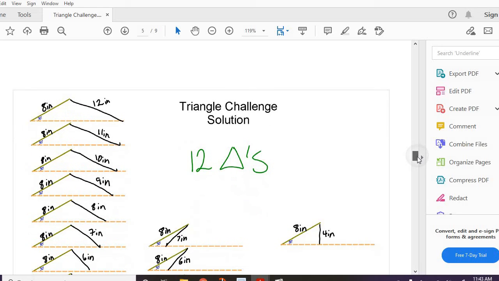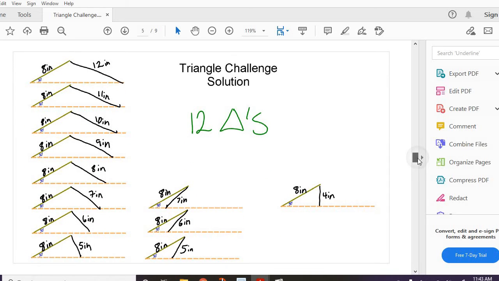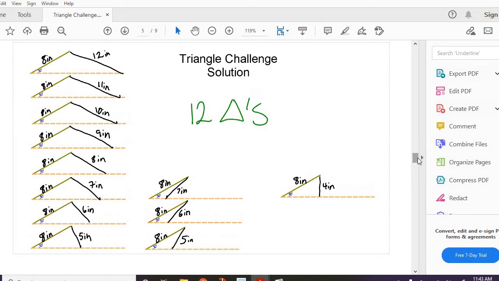So, when we look at the triangles that you could create, we actually end up with 12 triangles, okay? If you started with 12 inches, it's going to create one triangle. If you did 11 inches, it will also create one triangle. 10, 9, and 8 also just create one triangle. What becomes different is when I get to 7.